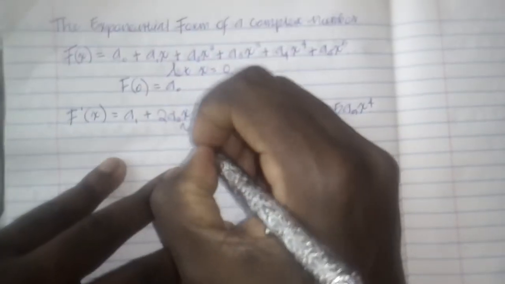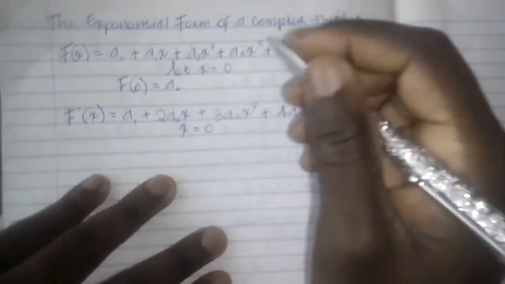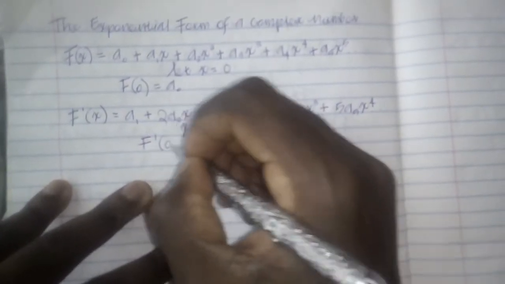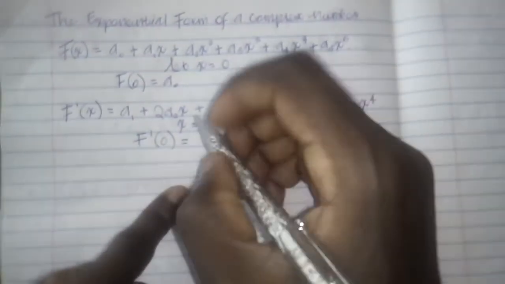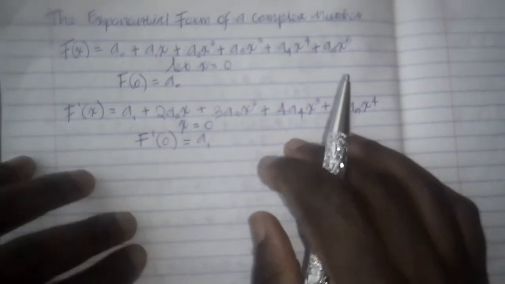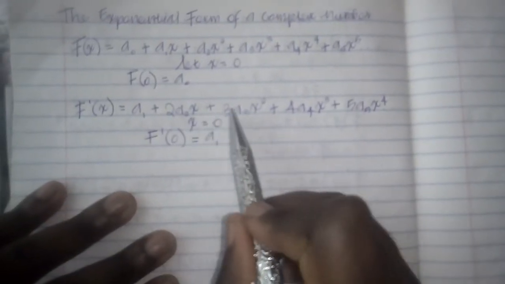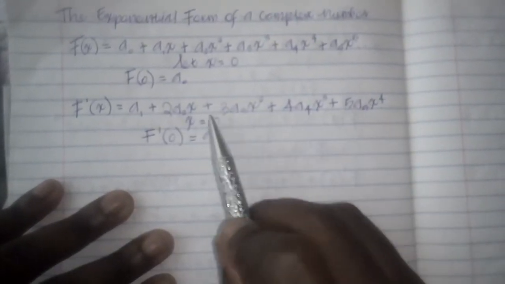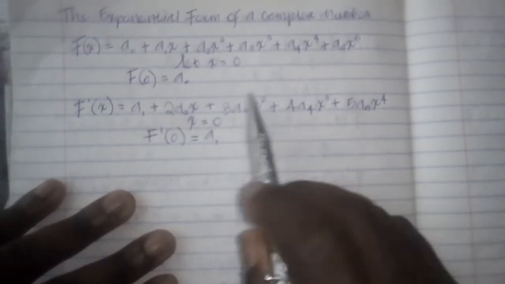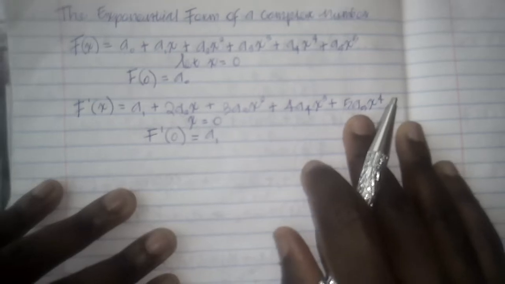Now letting x equal to 0, we'll have f prime of 0 being equal to a1. If you replace 0 in the others you'll get 0, and you remain with a1.